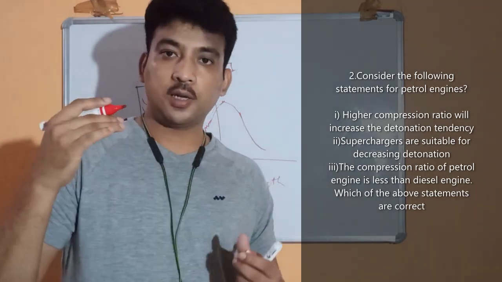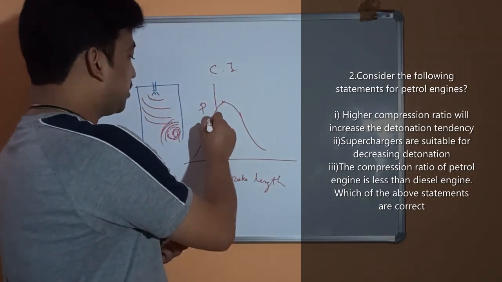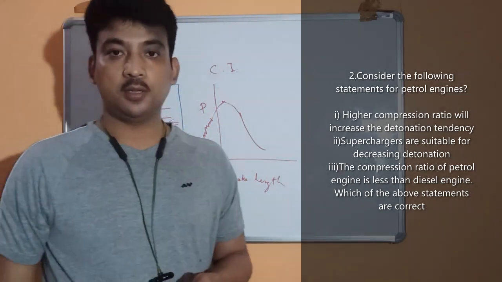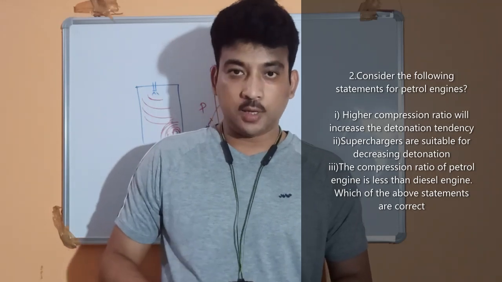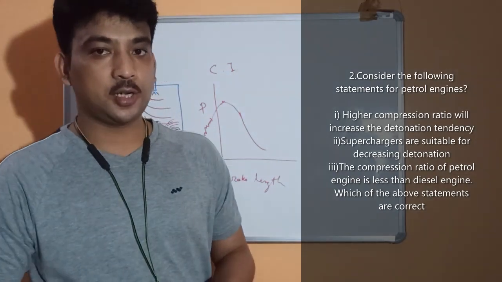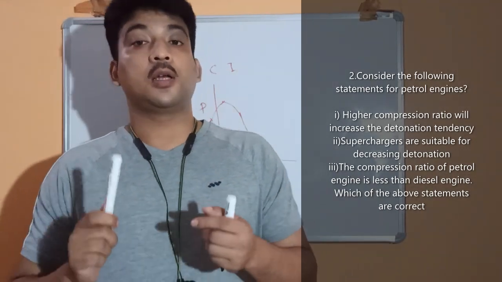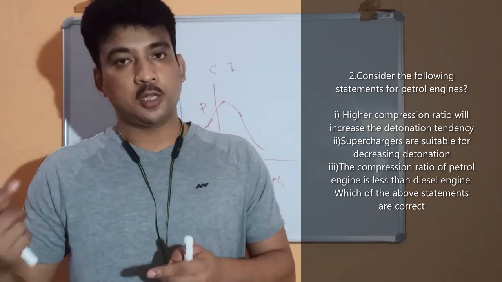So in a diesel engine we try to reduce the ignition delay period, to decrease the tendency of knocking. For that we have to increase the compression ratio, pressure, temperature, etc., to minimize the chance of knocking in a diesel engine. But in a petrol engine, it is opposite.